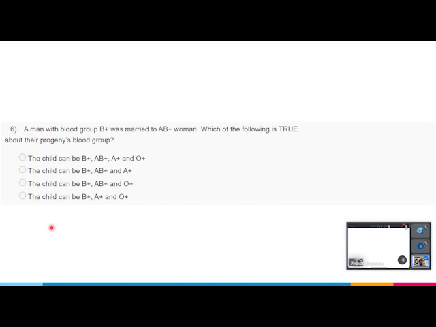So in case of blood groups, there can be another example of incomplete dominance, or rather codominance. In case of codominance, we can have two dominant traits. So in case of blood groups, the two dominant traits are A and B blood groups.